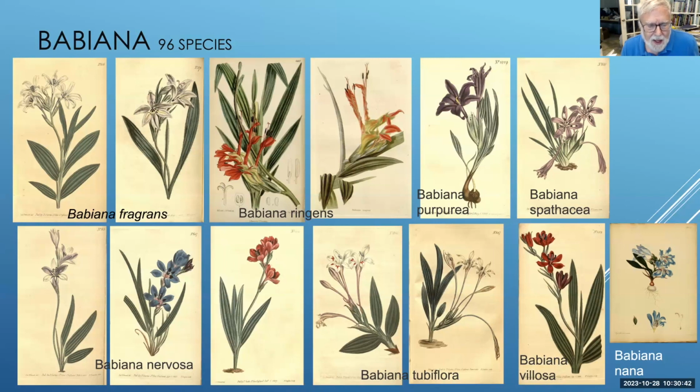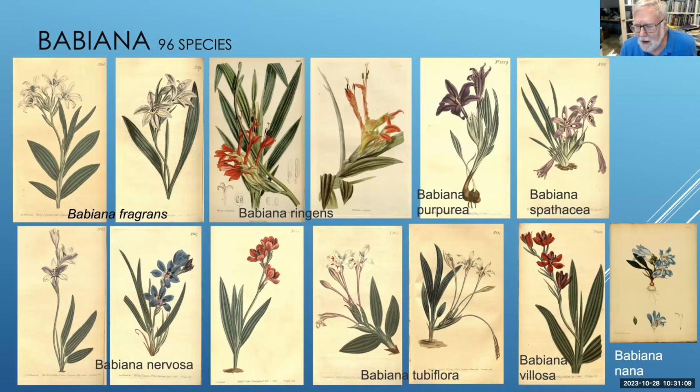Unfortunately, in trying to pick out one. Some of these, the one in the middle at the top, Babiana ringens, appears to be something that would be close to a bird pollinated flower, and obviously has a completely different structure than some of the radially symmetrical flowers.